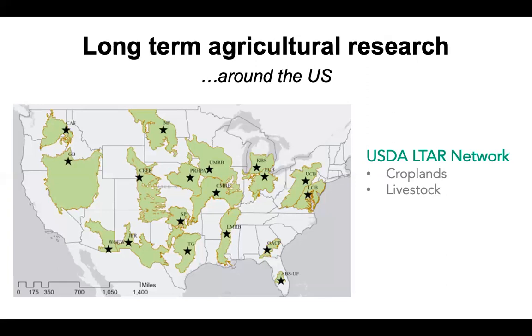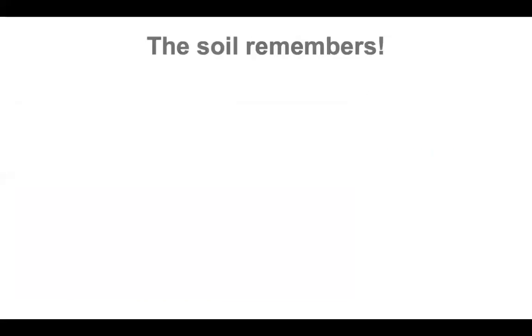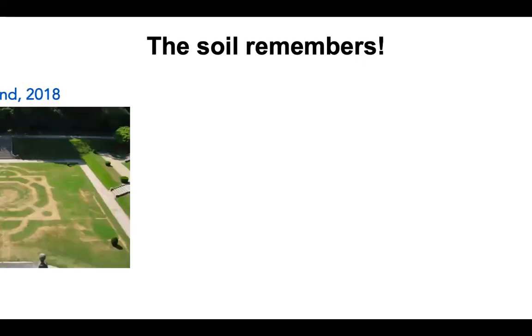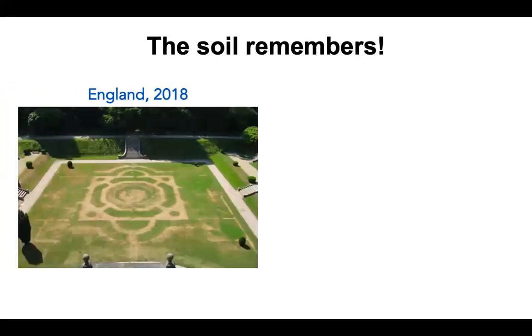Now, why do we want long-term research from a soil perspective? Well, it's because the soil remembers. That is, whenever something happens to soil, the signatures of it, the fingerprints, kind of stick around for a long time. And a couple years ago, we had a great illustration of this in England. So England in 2018 had some very extreme droughts. And there are a bunch of pictures like this that show up, and all of a sudden you see that these patterns show up.